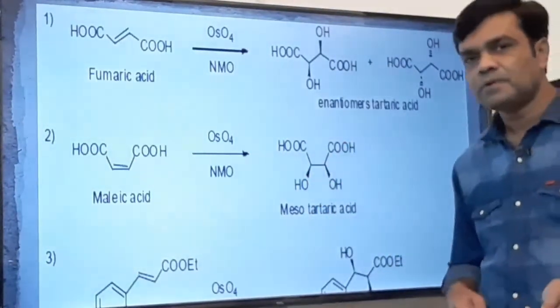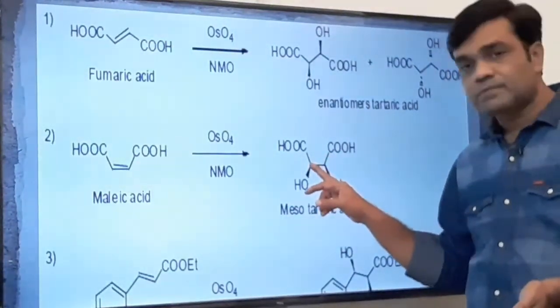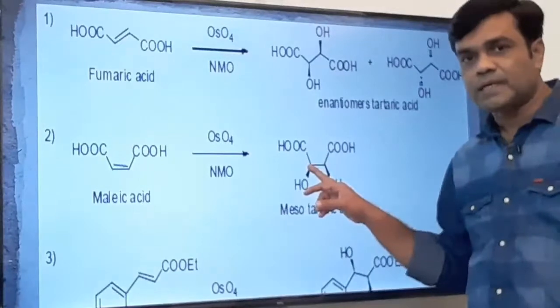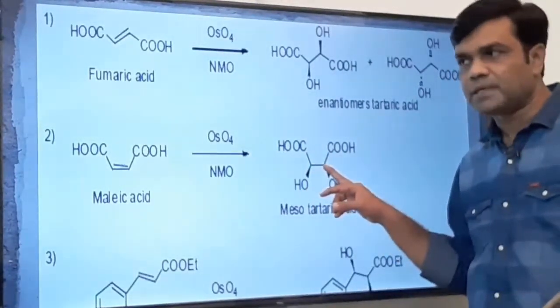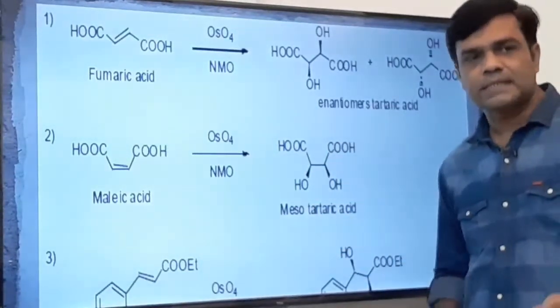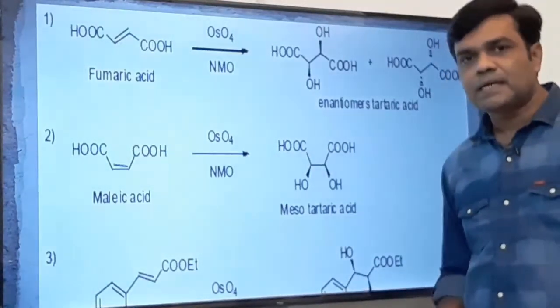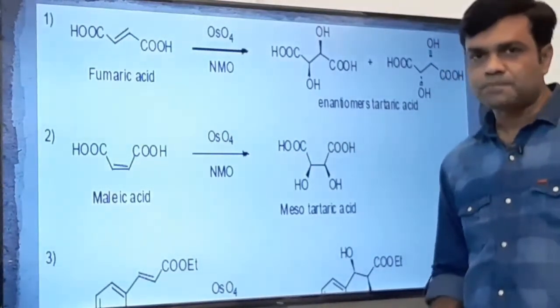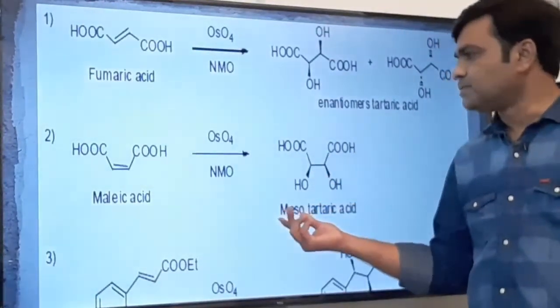Why is it meso? Because there are two asymmetric carbon atoms, and if one asymmetric carbon atom has the R configuration, then the second will have the S configuration. So one half rotates the plane polarized light in a clockwise direction, the other half rotates it in an anti-clockwise direction, and that's why the net optical activity is 0, and hence this compound is optically inactive, which is called meso.